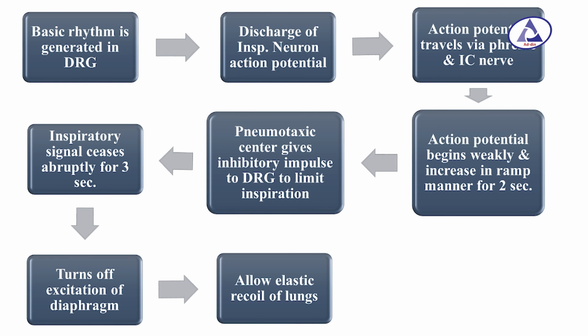Okay? What are the signals? These are actually nothing but the action potential. So the neurons discharge inspiratory neuron action potentials. Then what do they do? The action potential travels via the phrenic and intercostal nerves.